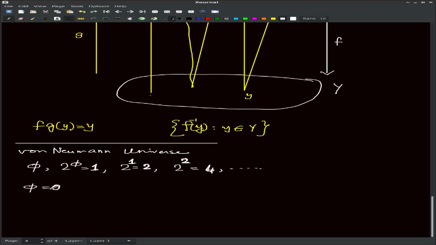So it starts from this, and then 1, you can look upon it as this, or as a successor of this also. Now what is a successor? If you give me a set X, a successor of X is nothing else but X union {X}.